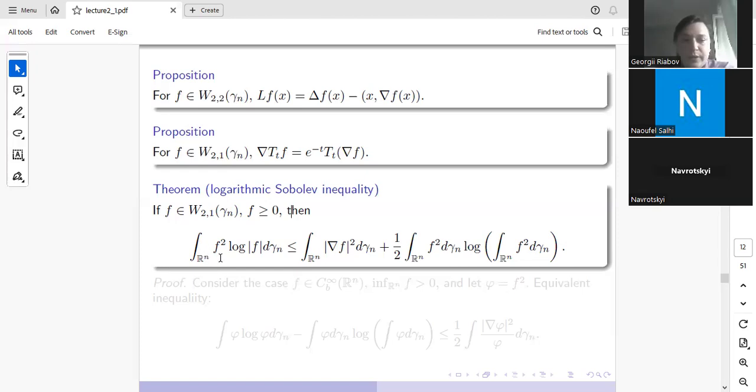On the left is the integral of f squared log f. It is less or equal than the integral of the norm of the gradient squared, plus one half the integral of f squared times the logarithm of the integral of f squared.